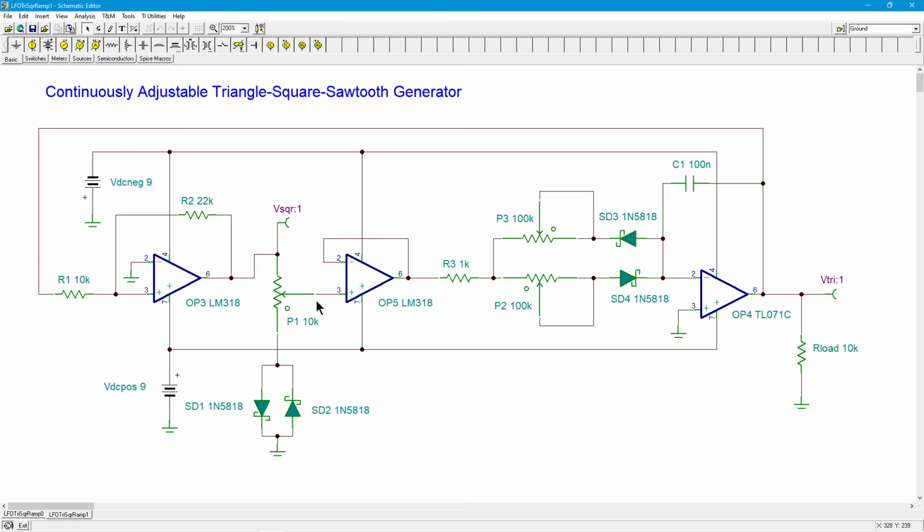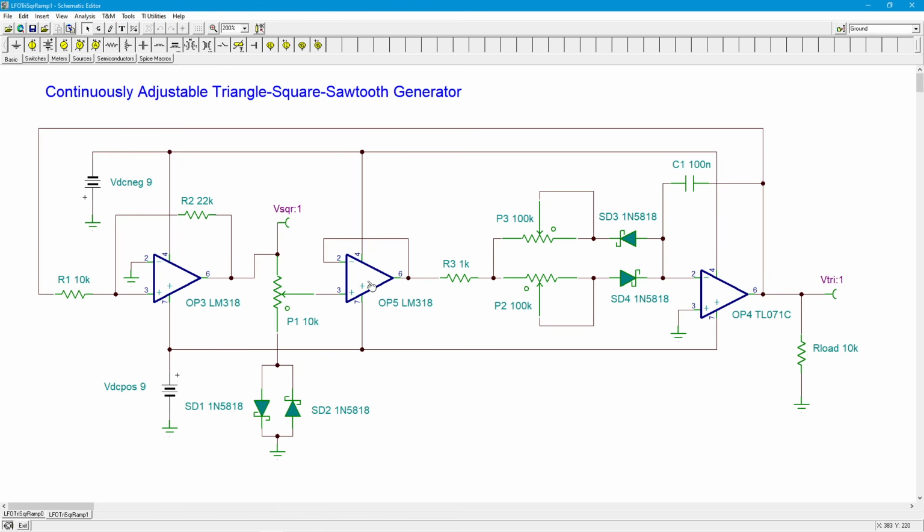And that winds up being, if you don't have the buffer, in parallel with this pot, or part of the pot as you've adjusted this. And that loads the pot. And the end result is the actual voltage that you get out here is going to vary. It'll be different. And that's going to mess with the frequency and the symmetry of this output waveform.